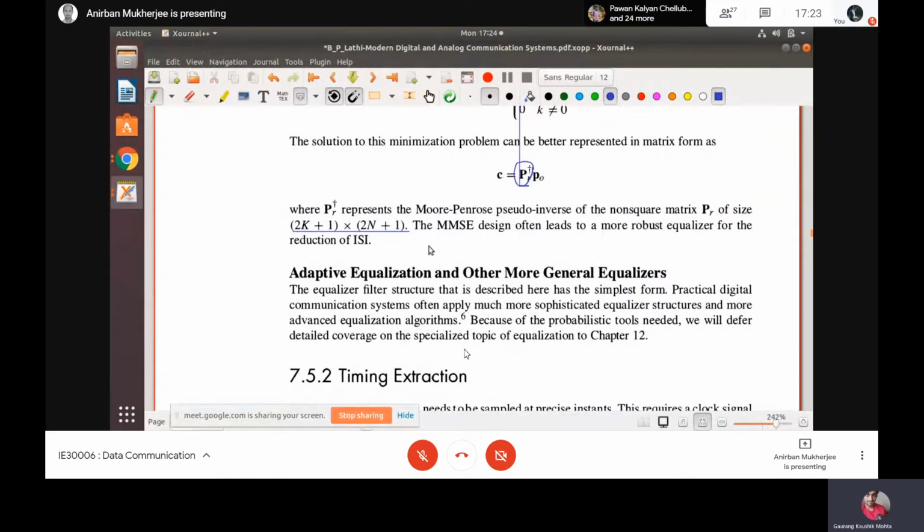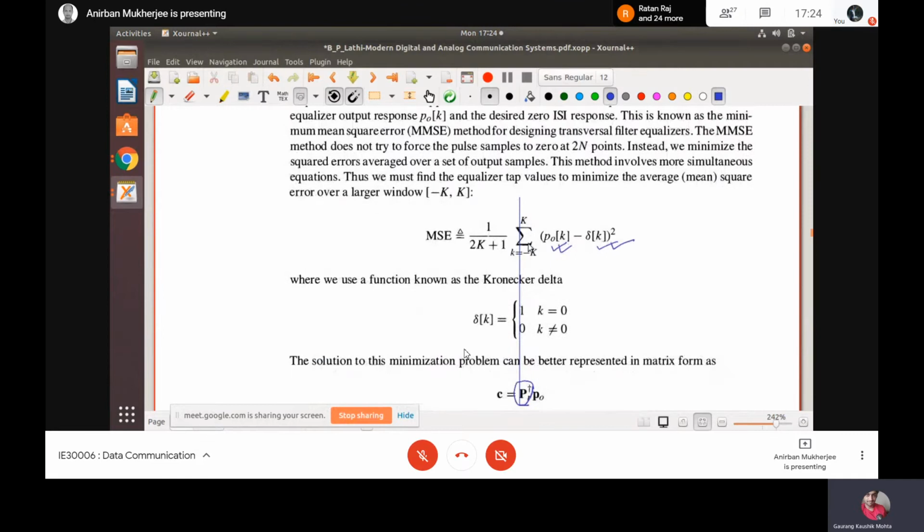Moore-Penrose. And if you see very carefully what I did earlier, it was minus n to plus n. In the previous case, 0 for the C equalizer. Now, in this case, we are taking k equal to minus 2n to plus n. Now, I am solving some sort of equation Ax equal to b.